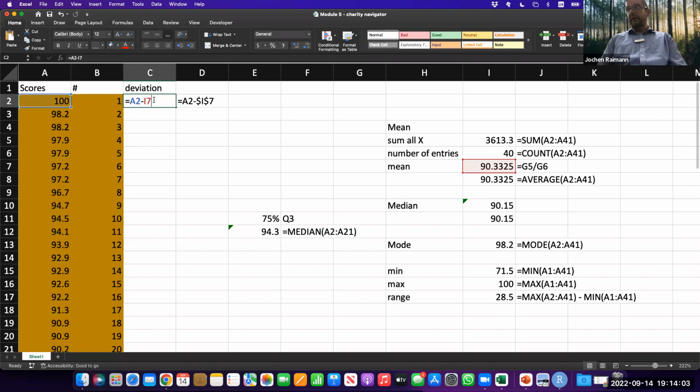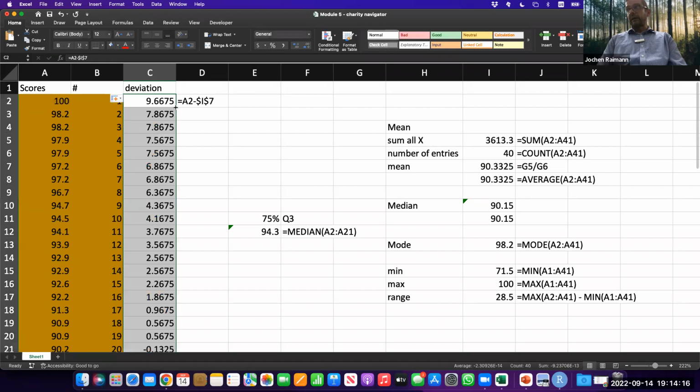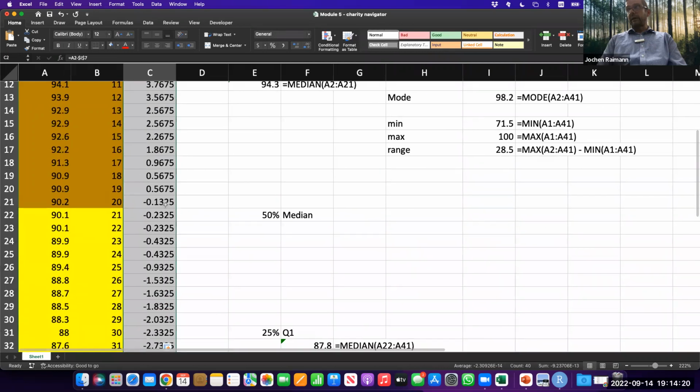Okay, so now we have our deviations. We're changing A2 to $I, $7. Now we're basically just clicking that right lower corner and propagating this all the way down. As we discussed, after 50%, this turns into a negative number.